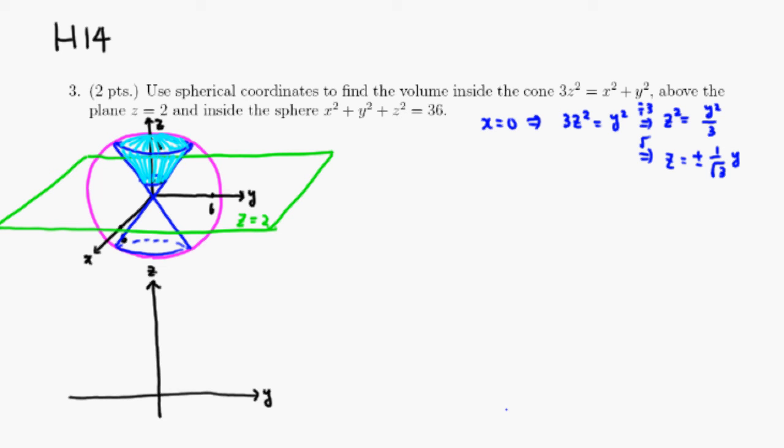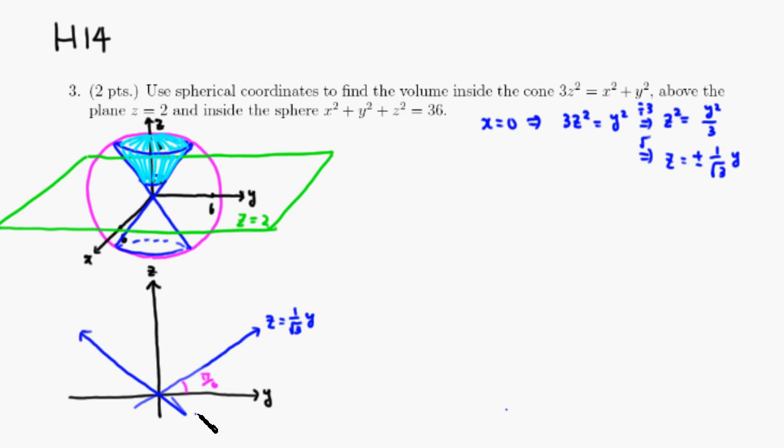My picture is kind of misleading, so this is the picture here. This is z equals 1 over square root of 3 y, which is 30 degrees or pi over 6. And then you have the negative one, going like that.